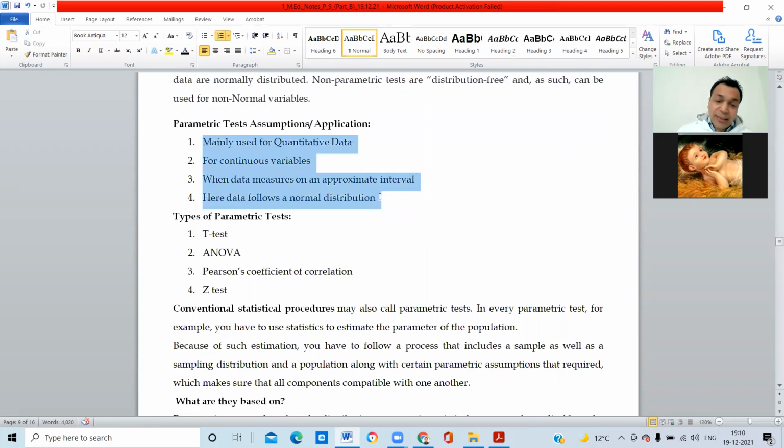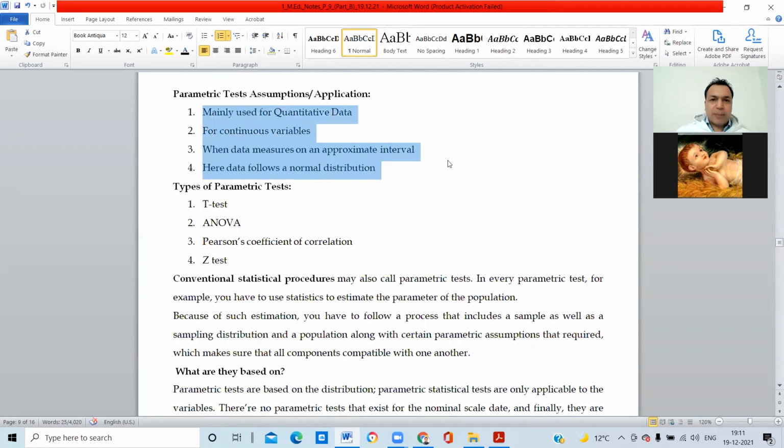You have to write in the same way. Here you cannot change. Number one, mainly used for quantitative data. So always remember, in the case of quantitative data, we use the parametric test. Clear? Second, for continuous variables.